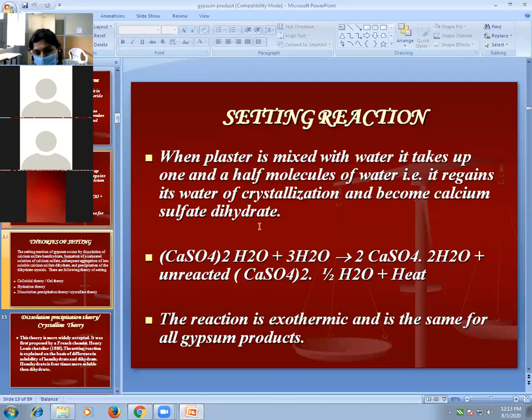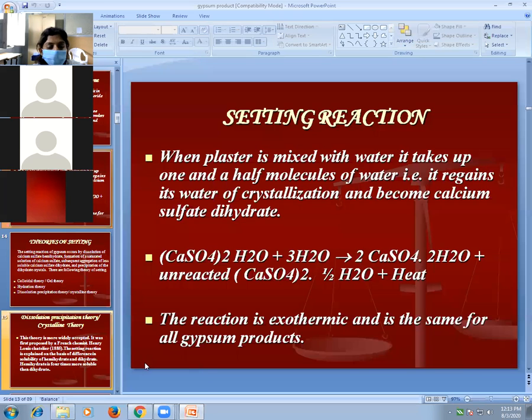This setting reaction causes heat generation, and because of the heat, the excess water used for mixing is evaporated, and after evaporation of water there is formation of voids. So the reaction is exothermic.